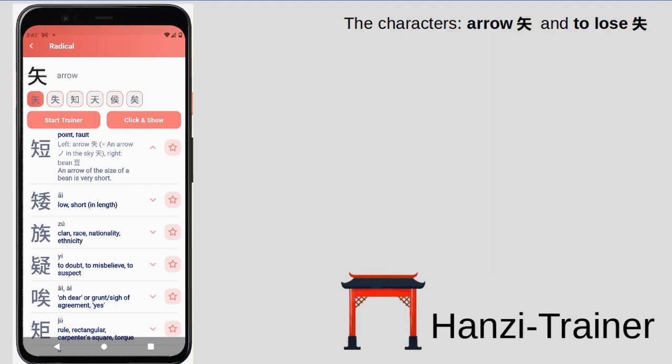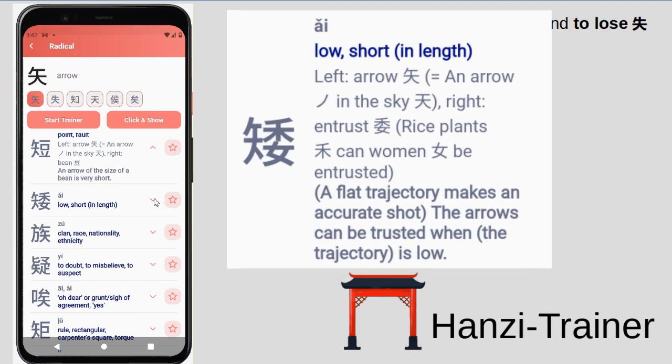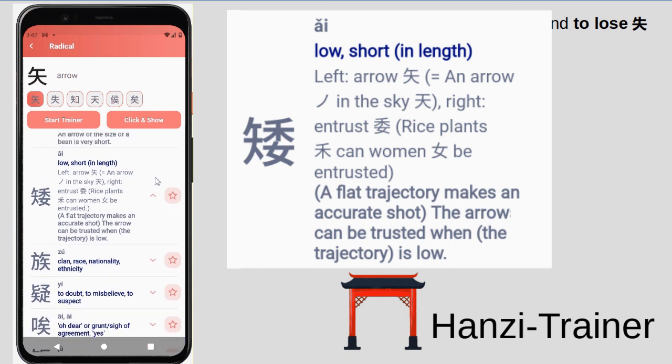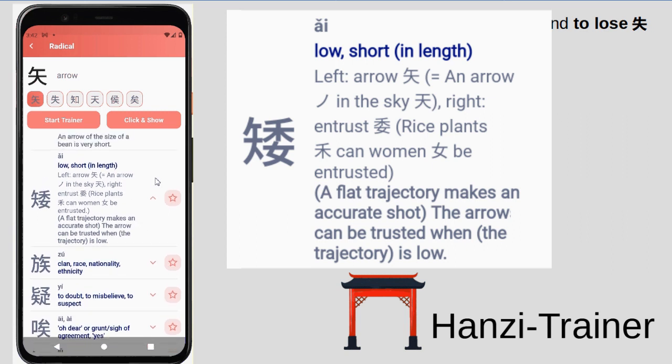The next one has the pronunciation 矮 and means low or short in length. It is told to me that this character is composed by the arrow and a character which means to entrust. For to entrust we have the memory phrase: rice plants can women be entrusted.